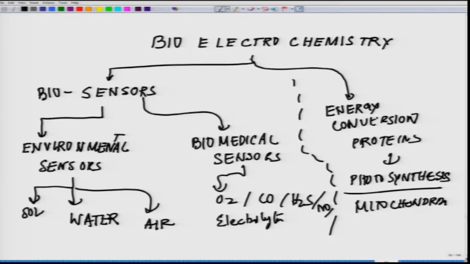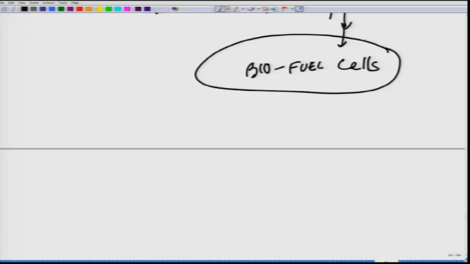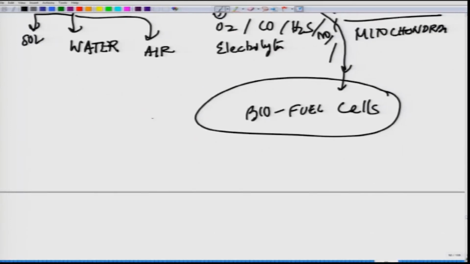Apart from it, there is another area which we haven't discussed, which is the area of biofuel cells. It is beyond the scope, because in 20 lectures we really cannot cover it from the fundamental basics. Biofuel cells are another area which is more on the energy sector.